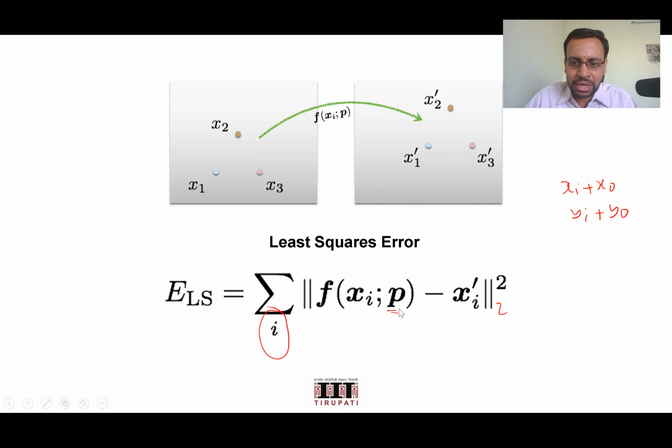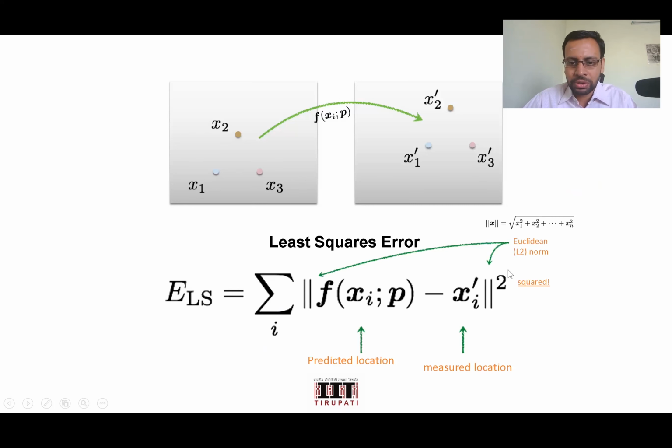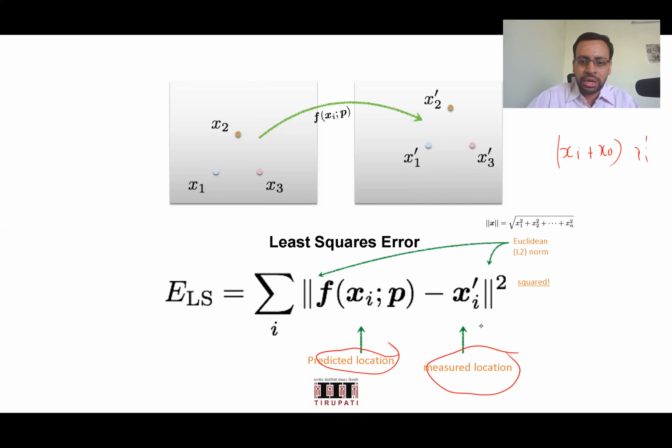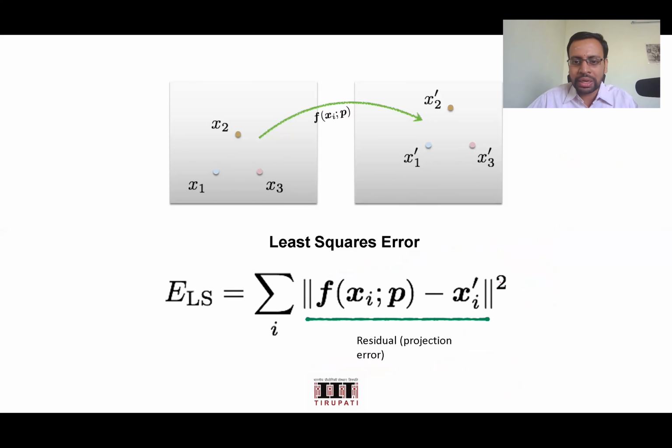So f of xi comma p minus xi prime, the square of it. As you could see, this is the predicted location: xi plus x naught is a predicted location. What is xi prime? This is a measured location that you want to reach, and then you are taking the Euclidean norm and squaring it, so that you could get rid of the square root in the L2 norm.